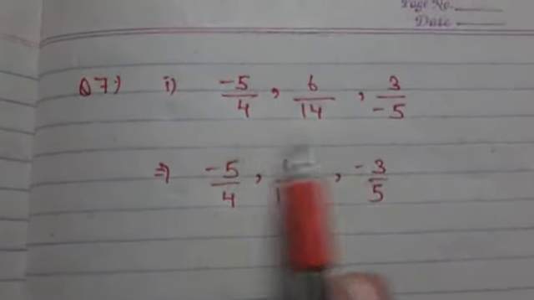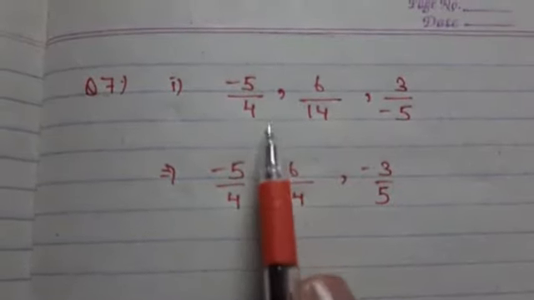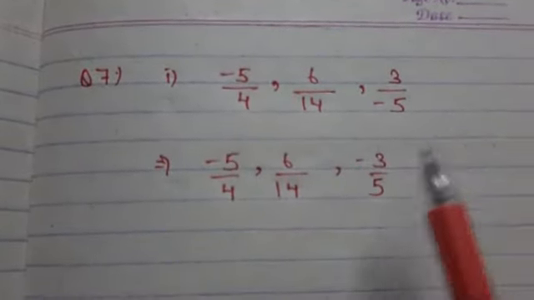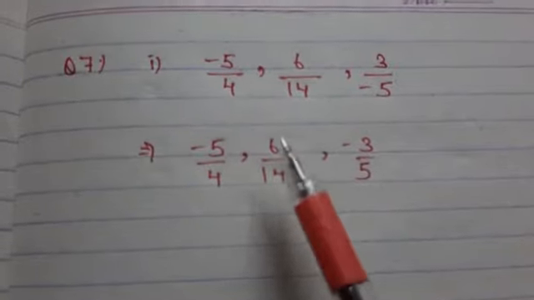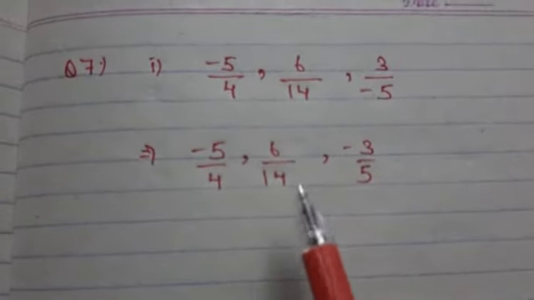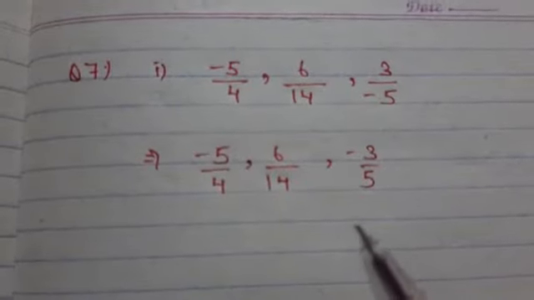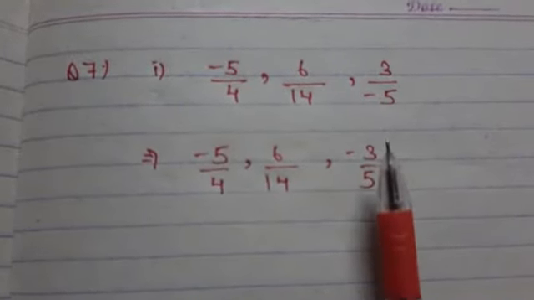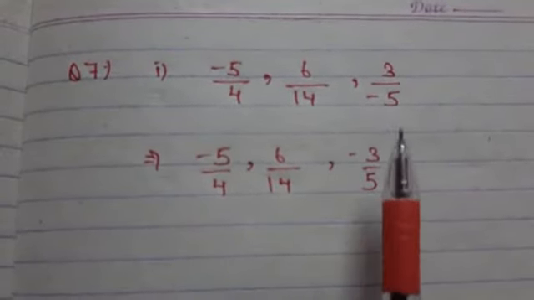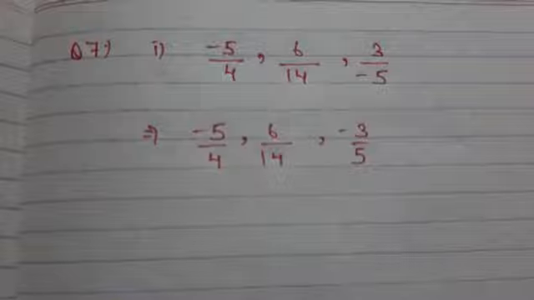Now we need to make the denominators same. When you are having 3 or 4, or say more than 4 rational numbers, take the LCM of the denominators given. It will be easy if you take the LCM, because when you take the LCM, the denominators will become same. Let's see what I am trying to say.